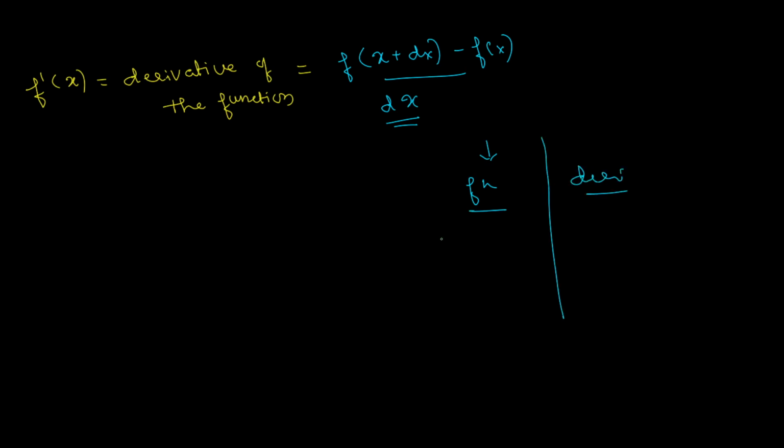Some standard functions are: derivative of x to the power n is n into x to the power n minus 1. Derivative of sin x is cos x. Derivative of cos x is minus sin x. And don't worry about all this table.